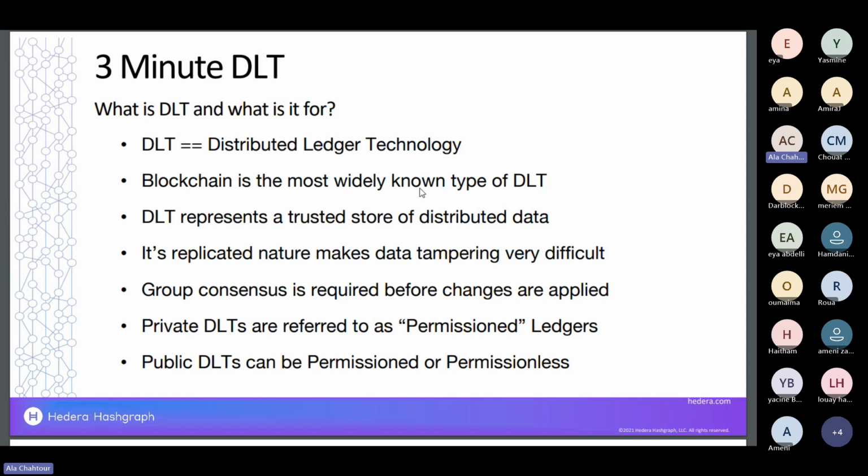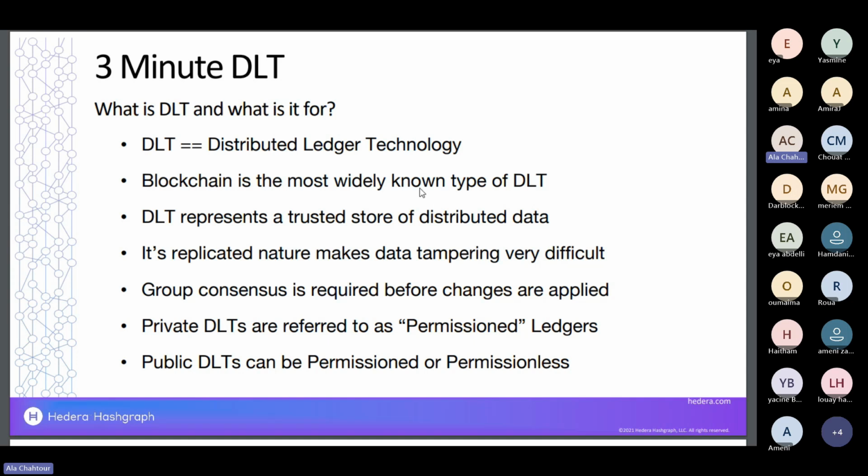Also permissioned means that the validators of the transactions are selected one by one.